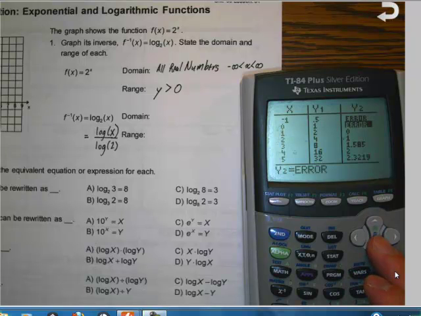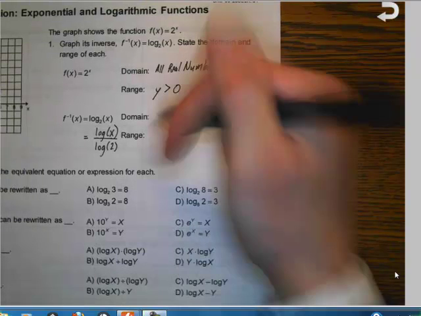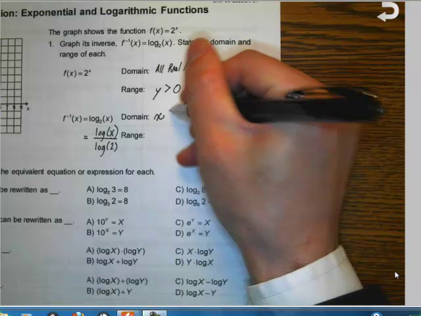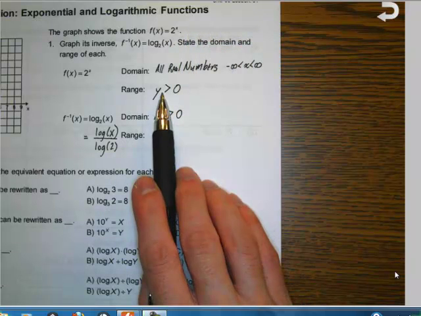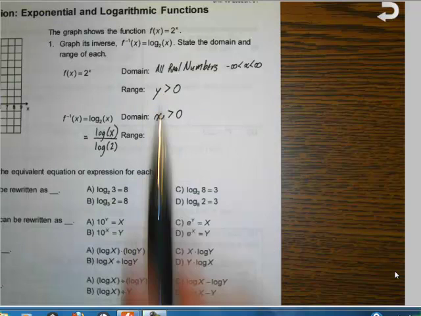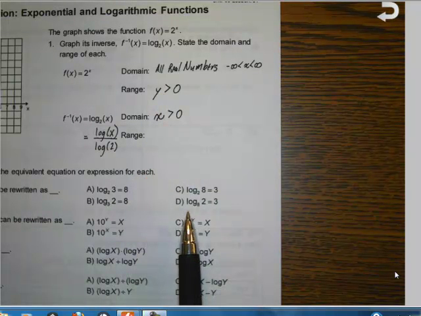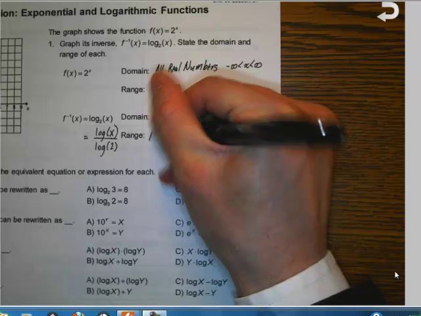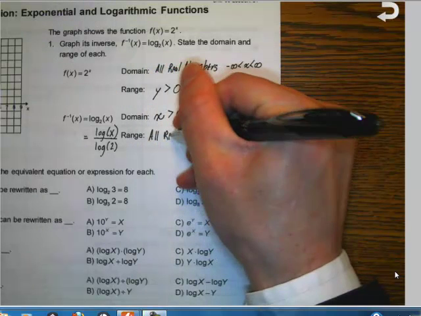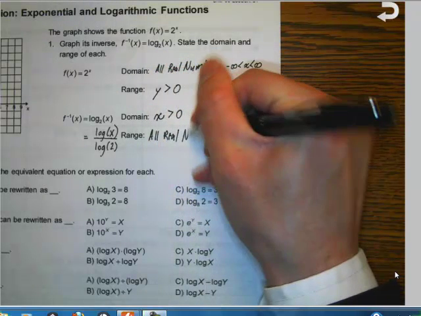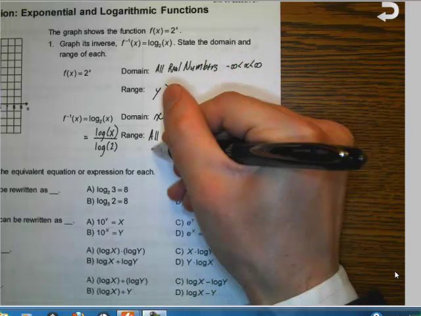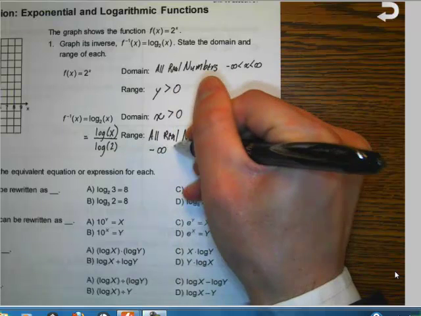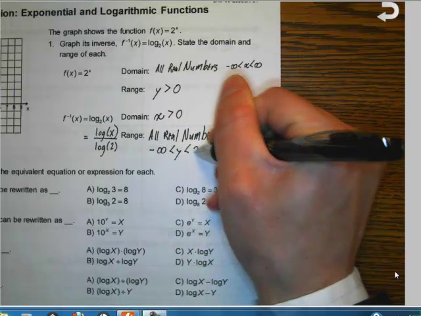So that tells you that my x values have to be greater than 0, right? So here our domain is greater than 0, which is similar to our range, right? So what do you think our range is going to be? All real numbers. Correct. That's the basic idea of an inverse function, to switch things around. So we could also write it as between negative infinity and positive infinity.